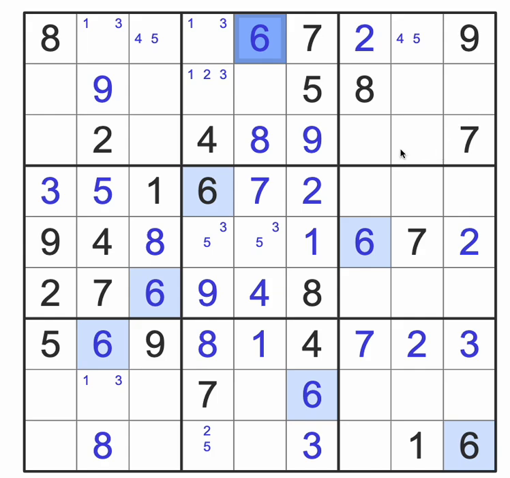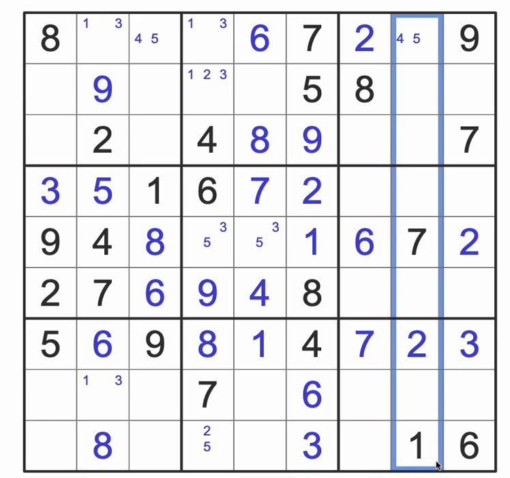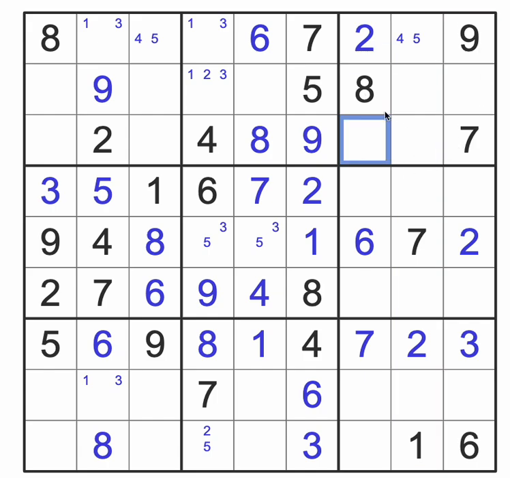Okay, and I think I can now move on to the next step, which is to look at this column. It only has 1, 2, 7. And in box 3, that's a weird way to mark.